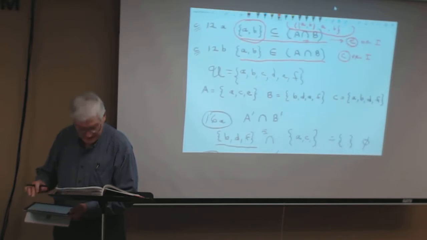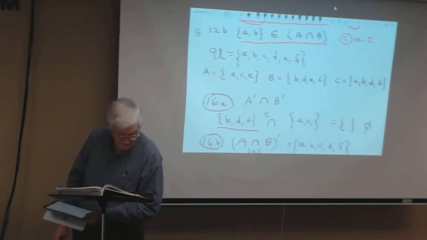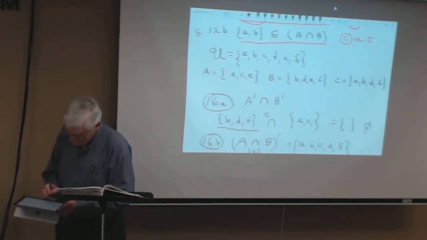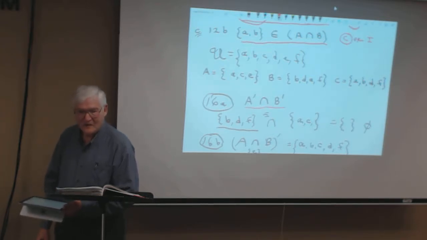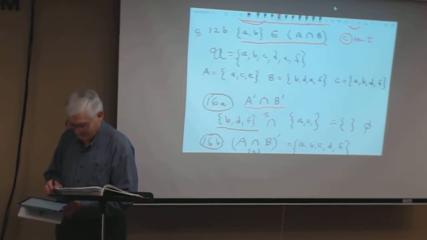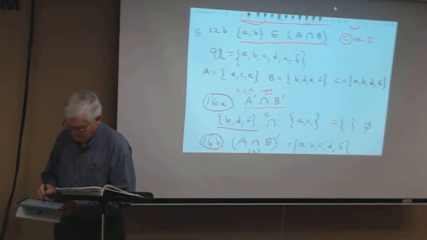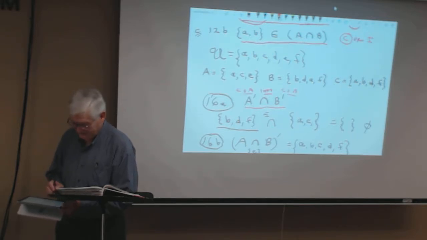Now, watch what 16A says. Can anybody read that? Here's what it says. It says, the complement of A intersect with the complement of B. That's how you read that.